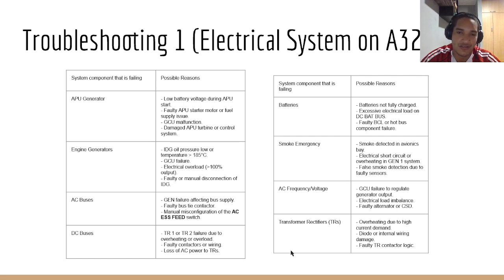If there is no contact logic that protects the tie or the GCU, or any part of the electrical system that needs processing to look for correct functioning, it could fail, because we don't know what really happened in that part of the system.